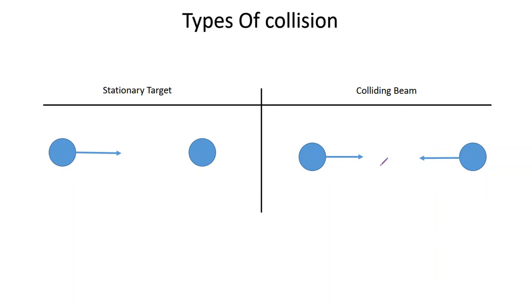After you accelerate the particles to very high energies, you make them collide. And there are 2 types of collisions in particle physics. One would be stationary target, the other one would be colliding beam. But if you want to create particles with large masses, you have to go with colliding beam.